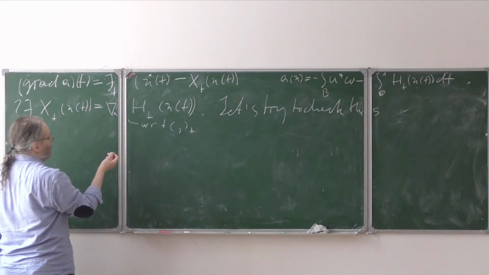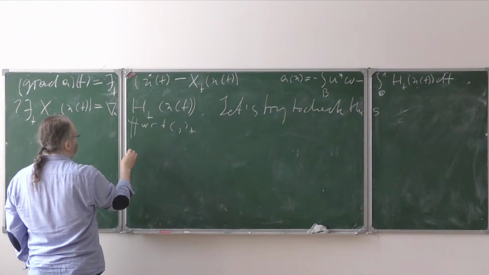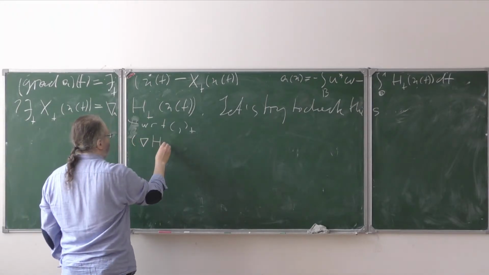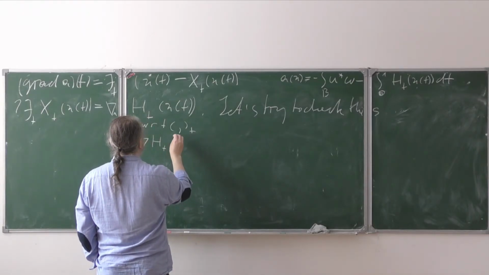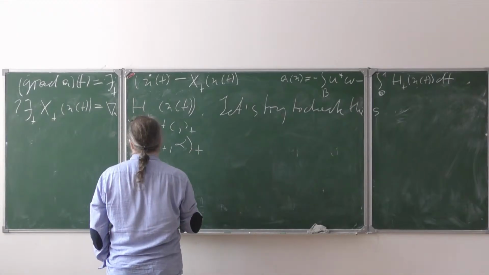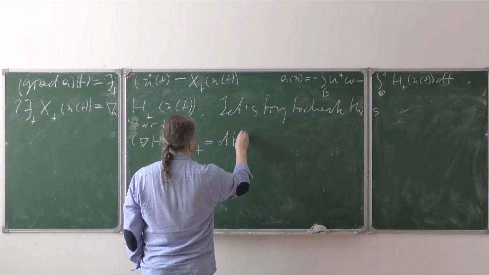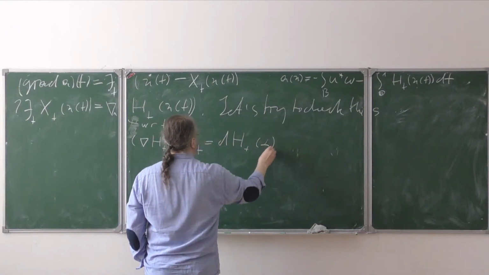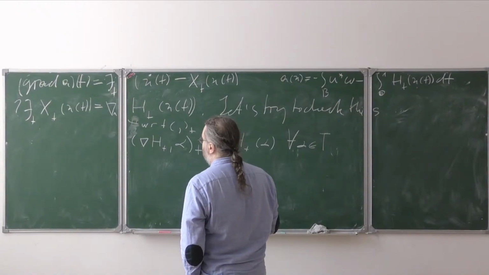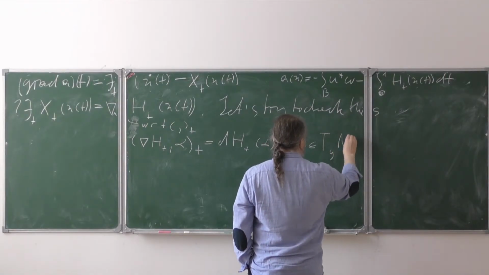It's a vector such that we have this for all alpha inside T_y of M.